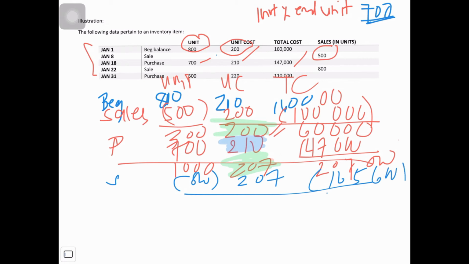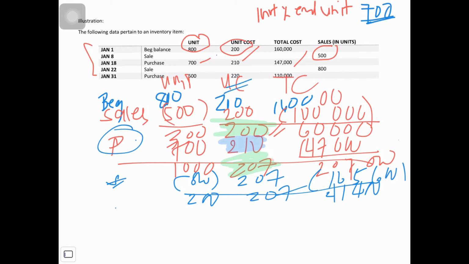So this would be 41,400. This one here is 200, and then still 207. Kay sale man siya, dili man siya purchases naman ang purchase return guys, ang mausab ang value sa iyahang unit cost.